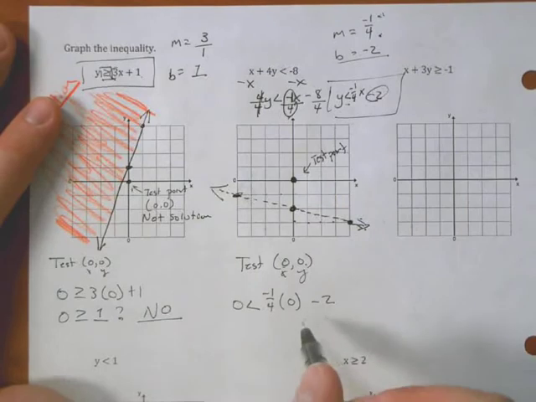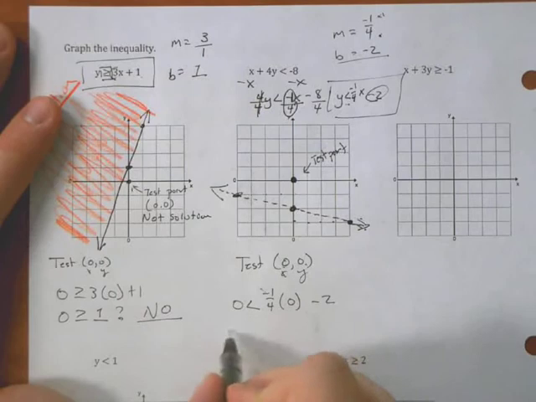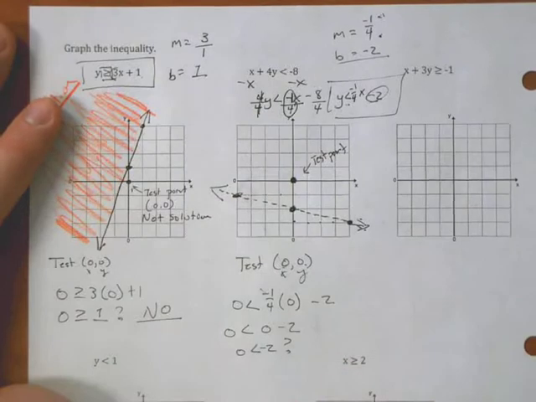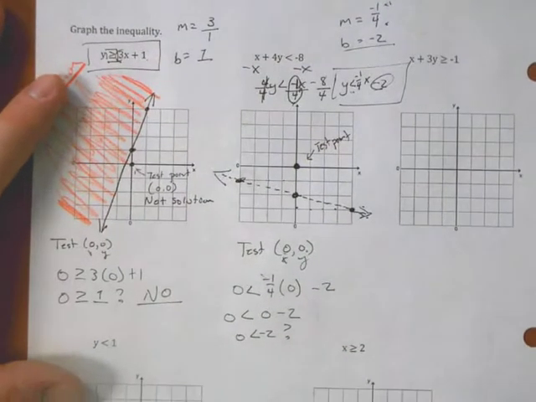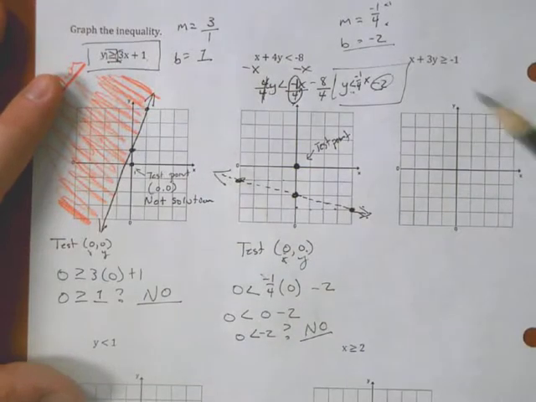It's great when x is 0 because 0 times whatever this fraction slope is just 0 itself. So when we simplify that, you get, is 0 less than negative 2? So then the test point is not a solution because 0 is not less than negative 2.